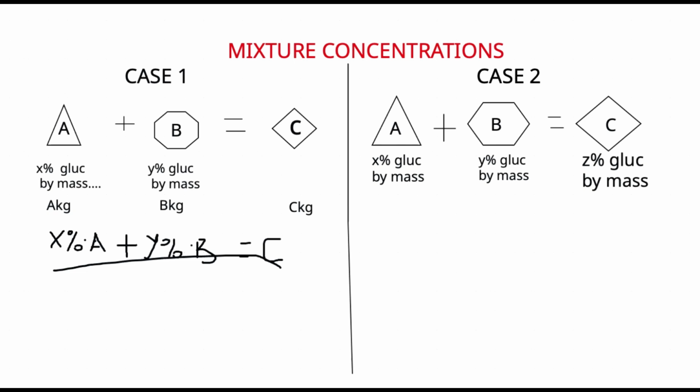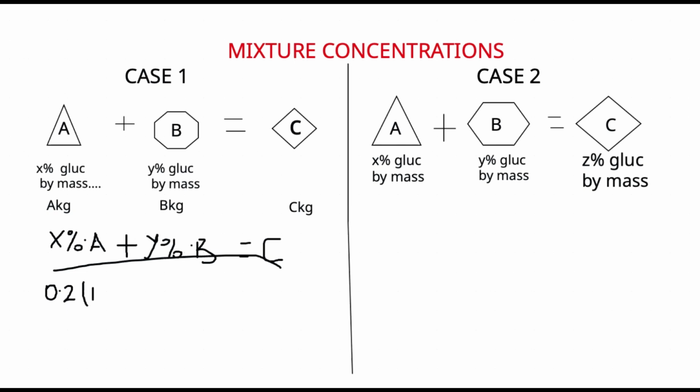So let's take an example. You have two solutions that are mixed. Solution A has 20% glucose by mass, so you have 0.2, and the mass of solution A is 1 kilogram.